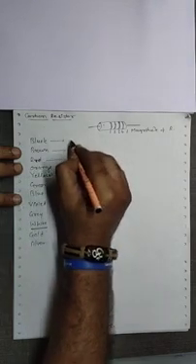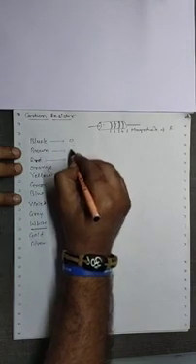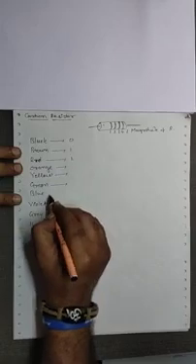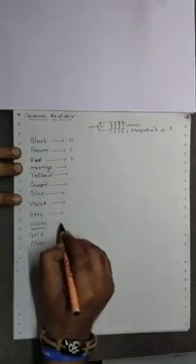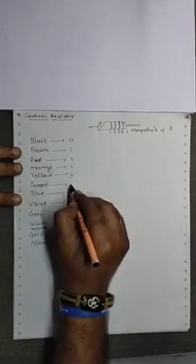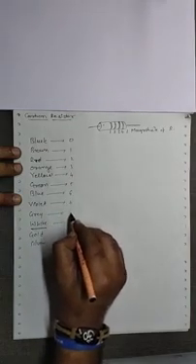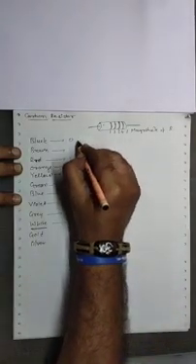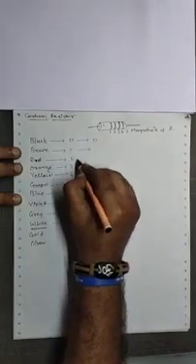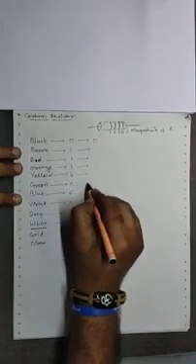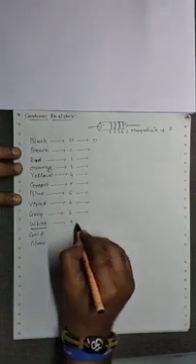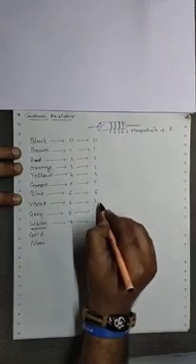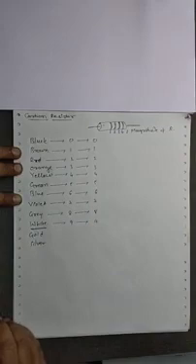Start numbering from 0, 1, 2, then continue the numbering. You don't have to give a number to gold and silver. Got it?